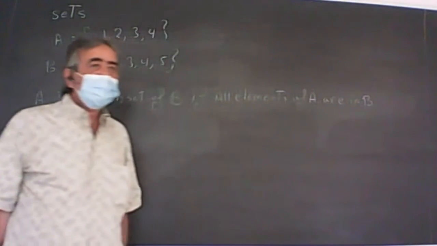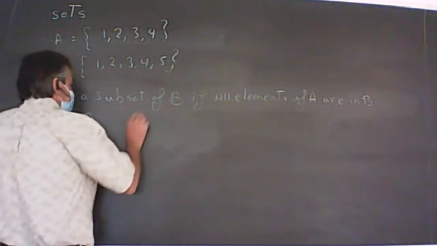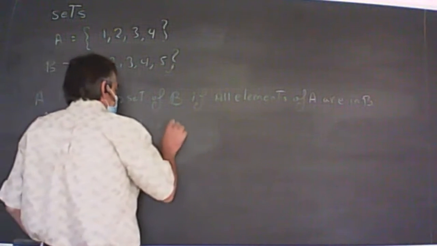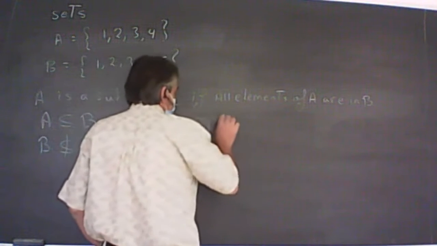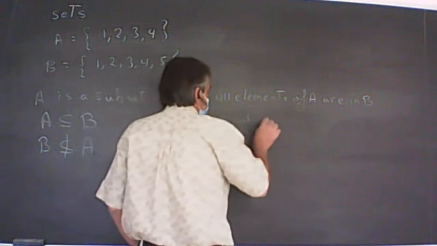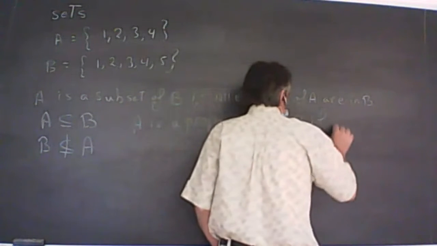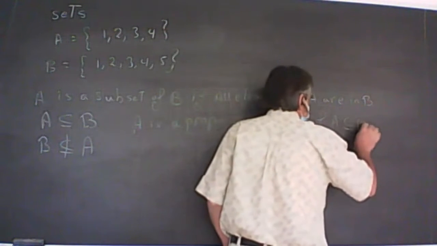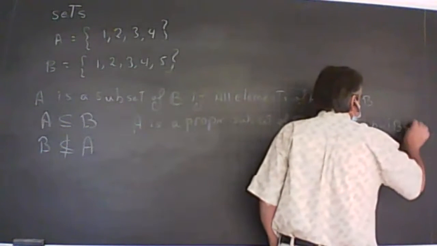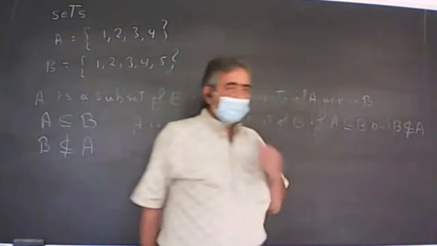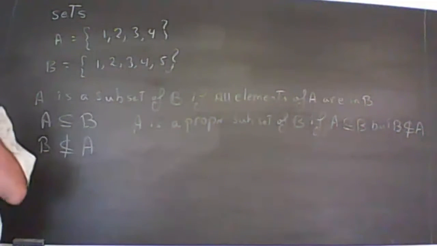A proper subset, we say A is a proper subset of B if A is a subset of B, but B is not a subset of A. What does that mean?